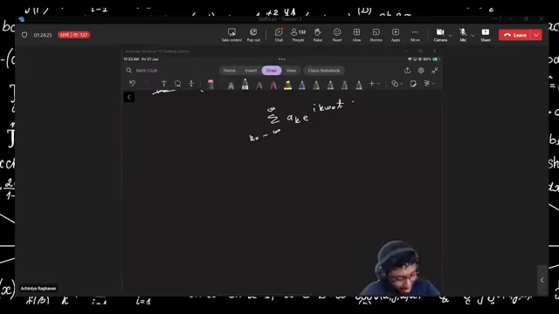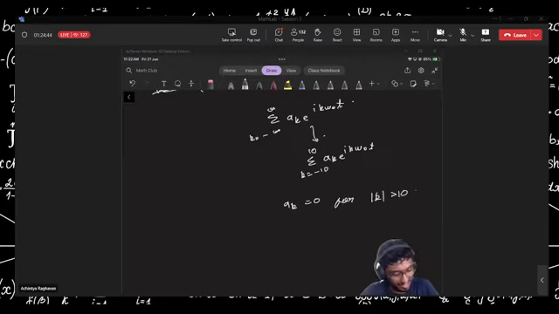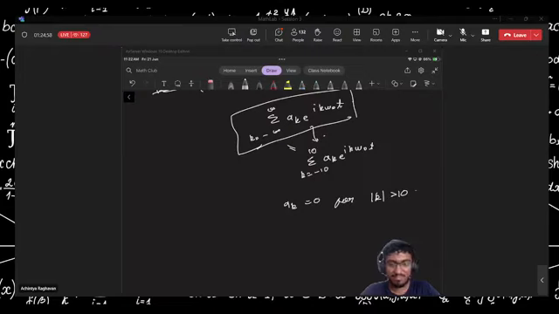If I wanted to define it for k going from, let's say, minus 10 to 10, this already encompasses that, because I can just say a_k is equal to 0 for mod k greater than 10, and then you'll see these two are equal. So what you're asking is actually a special case of this main equation. So yes, you can. Is that clear?